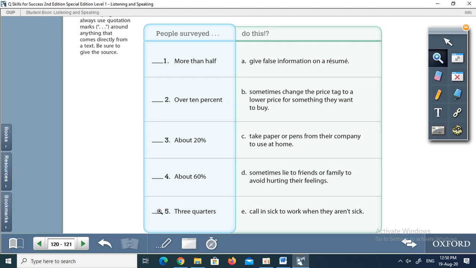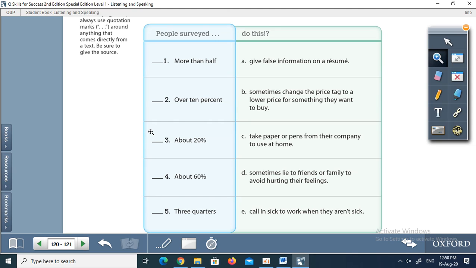Number 5. 3/4 sometimes lie to friends or family to avoid hurting their feelings. Okay, take the correct letter from here and put it against number 5.